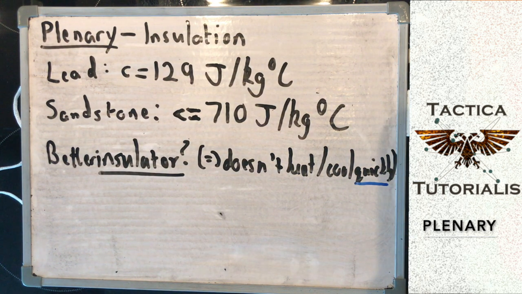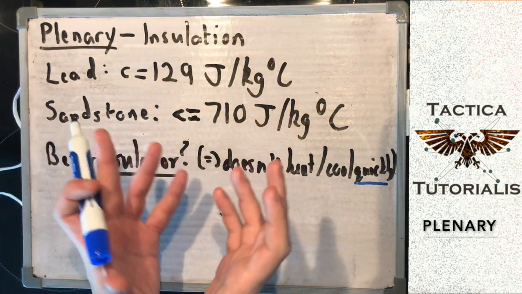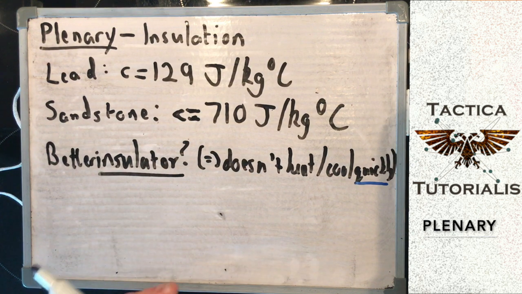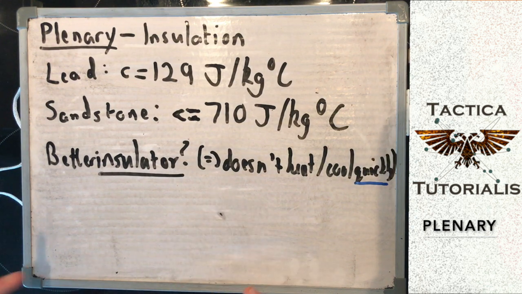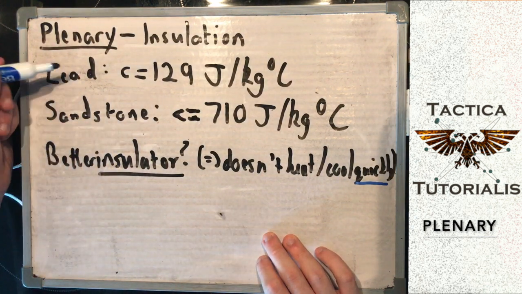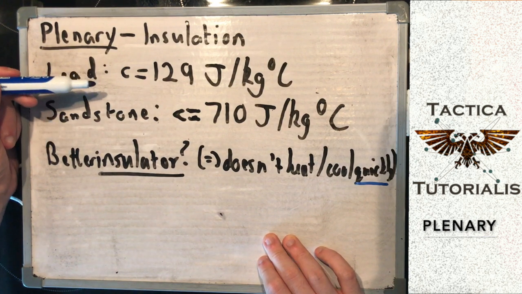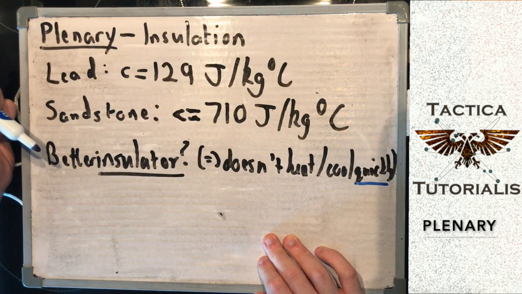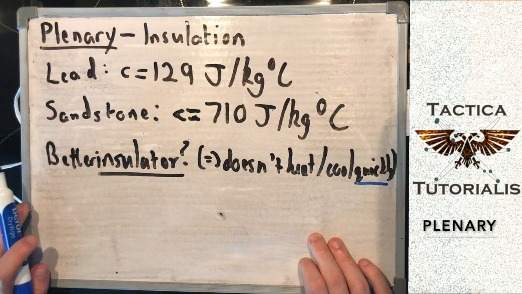So if you think about it, if the material is cooling down, it's going to have to emit a certain amount of energy before its temperature is reduced. Because remember, they're tied together by E equals mc delta theta. And if we think about the definition of a specific heat capacity again, it is the energy required for 1 kilogram of a substance to change temperature by 1 degrees Celsius.